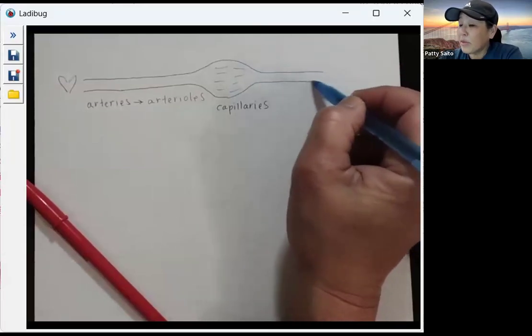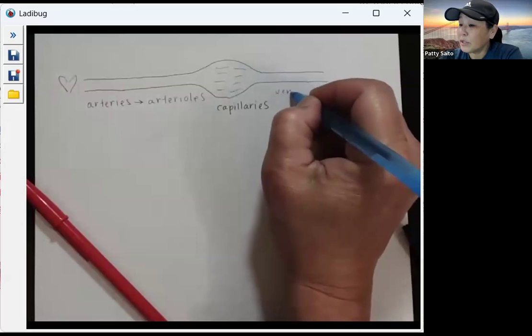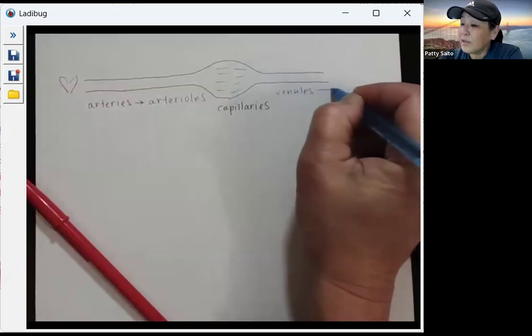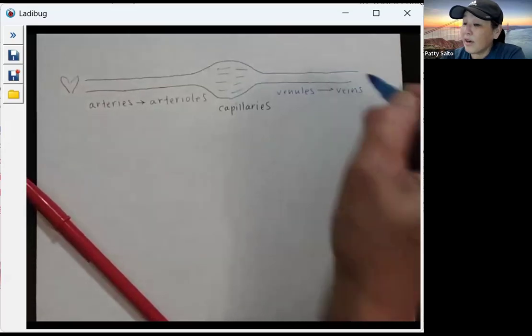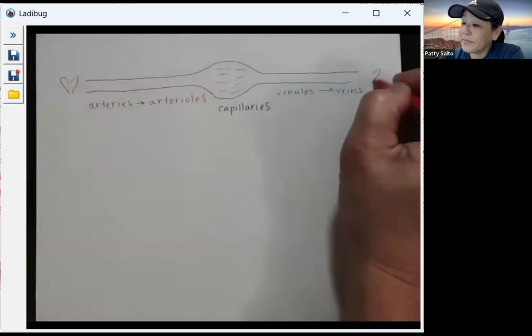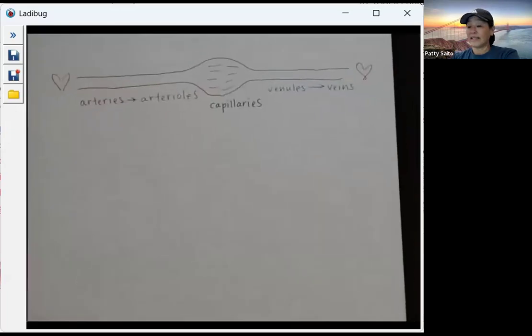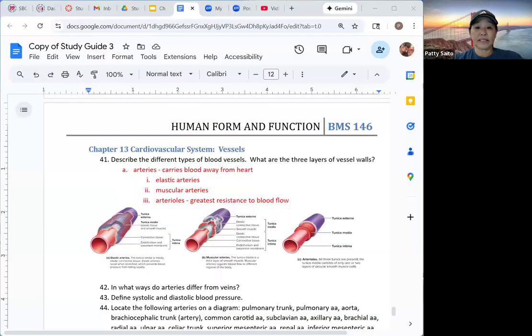And then it makes its way through venules, which are small veins, to the veins, and then back to the heart. So that's the flow of blood along these vessels. All right, so now, next are the capillaries.